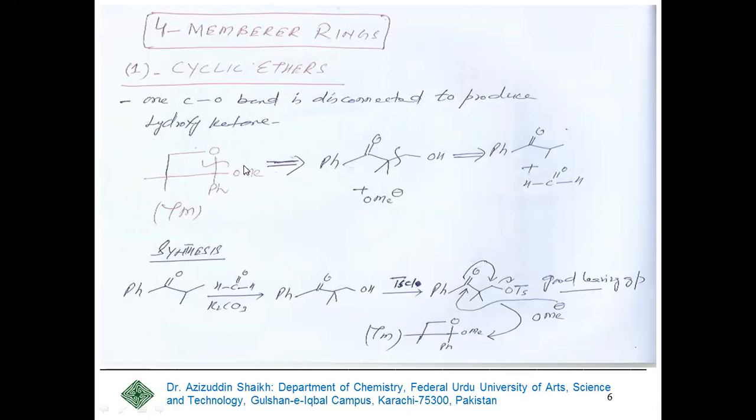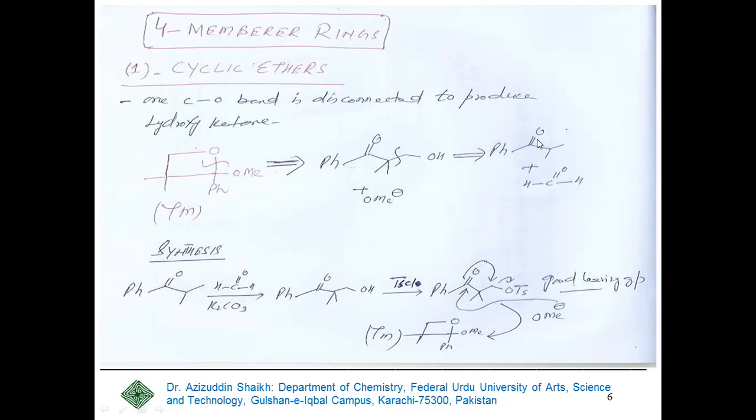One CO bond is disconnected. Then we will obtain this intermediate, a hydroxy carbonyl with the methoxy group, and this is further disconnected into formaldehyde and carbonyl compound.